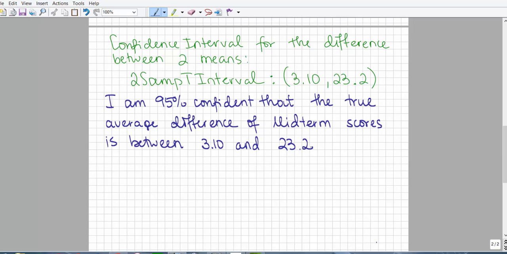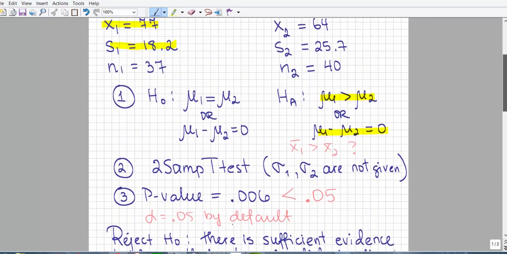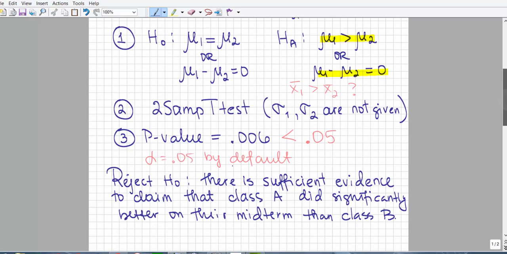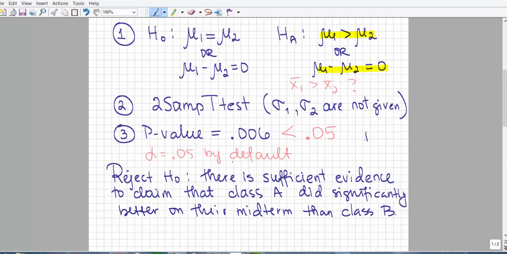So again, hypothesis testing and confidence interval really tell you the same information, just in a different way. Hypothesis testing tells you if there is a significant difference. The answer here is yes, there is a significant difference. Let's write this yes nice and pretty. Yes, it is different.